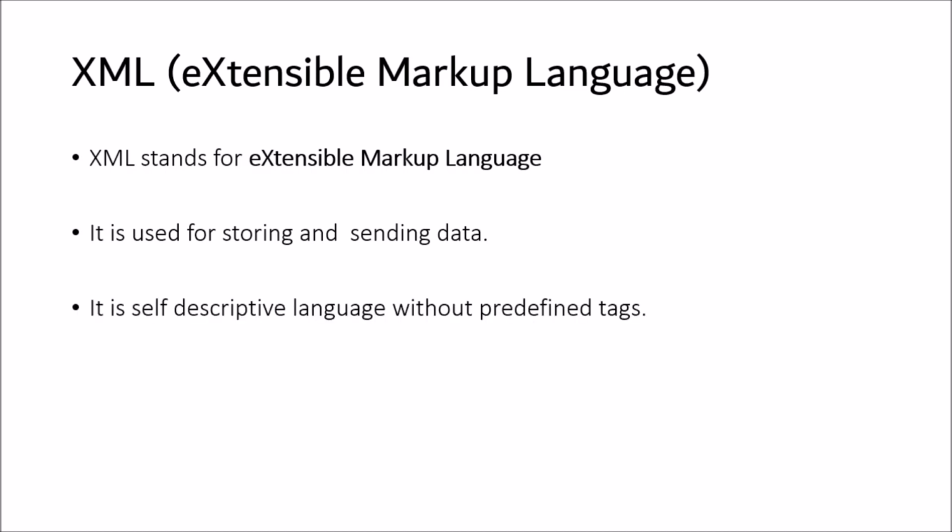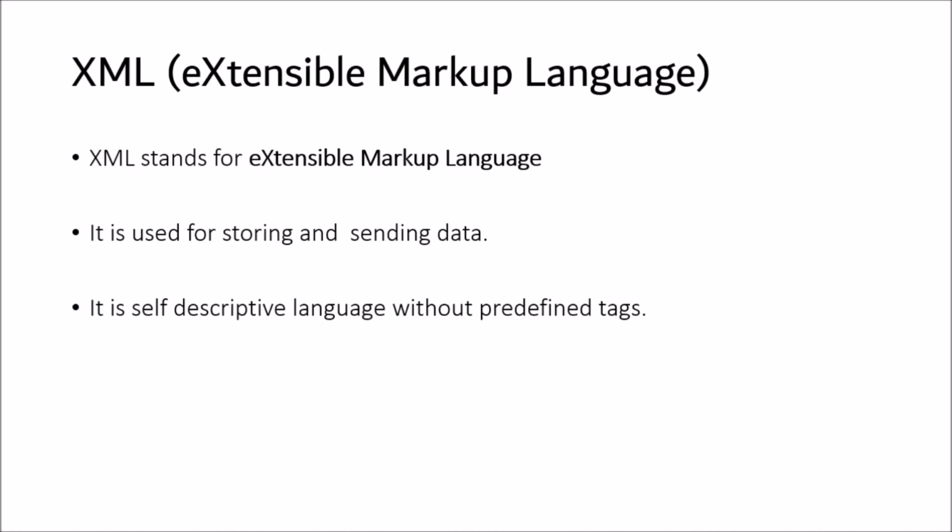XML is a self-descriptive language without predefined tags. If you compare XML with HTML, HTML has predefined tags. For example, it has a tag for paragraph, like P. Then it has a tag for table, with opening and closing of the table. It has H1 tag, H2 tag, H3 tag. So those are all predefined tags, meaning it is already defined what the use of that tag is.